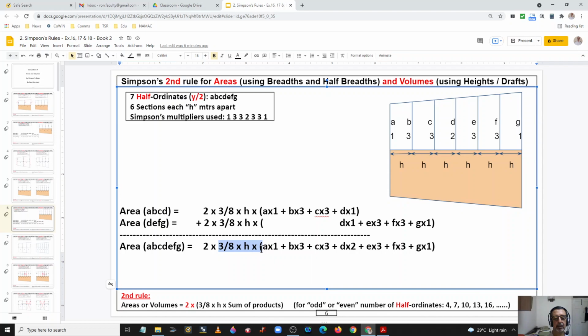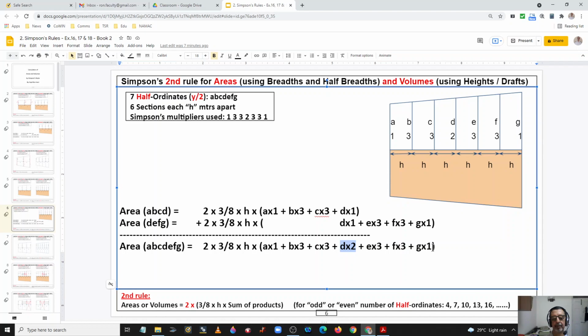Now we have D multiplied by 1 on top and D multiplied by 1 at the bottom. Thus we have, when we add it up, D multiplied by 2 plus E multiplied by 3 plus F multiplied by 3 plus G multiplied by 1. Thus you see how we got the Simpson's multipliers for second rule as 1, 3, 3, 2, 3, 3, 1.